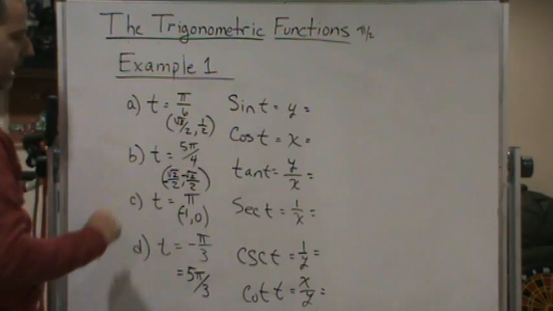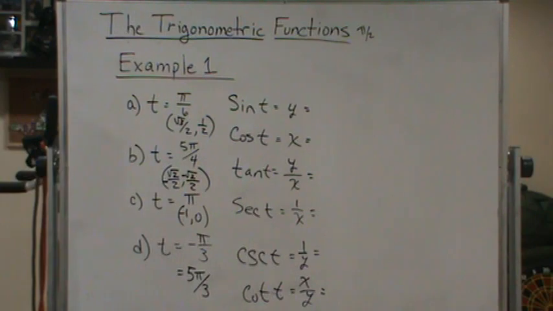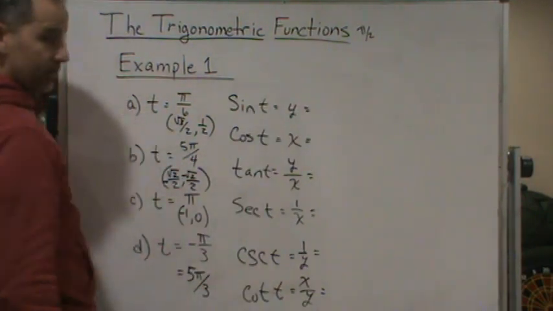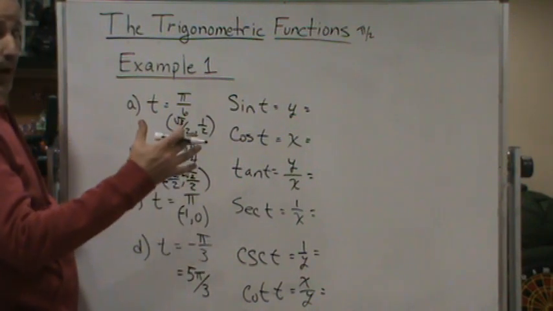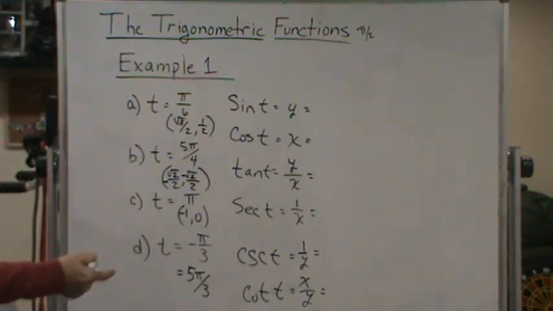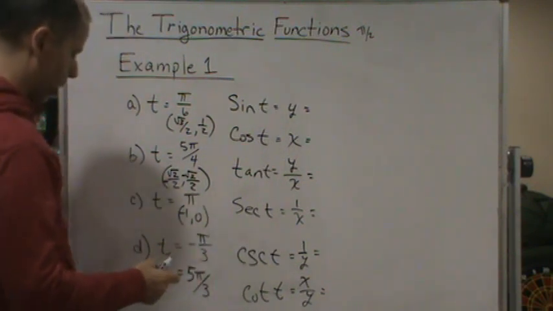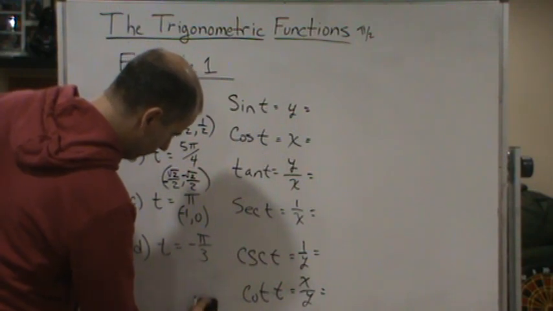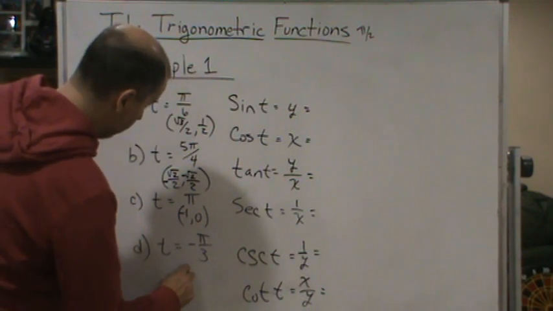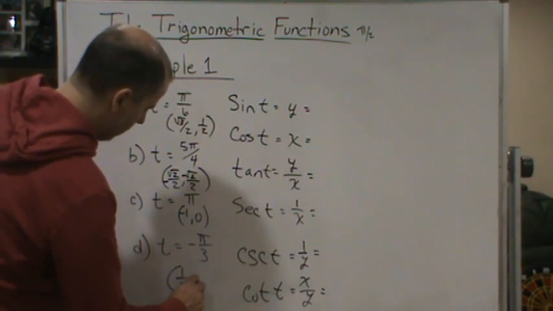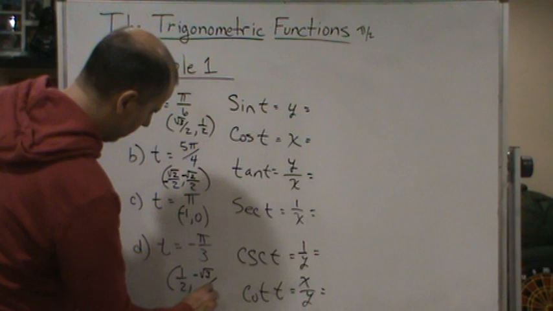So it's 1/2 comma square root of 3 over 2. But then you're flipping down across the x-axis, which means the y variable goes negative. So that means it'd be 1/2 comma negative square root of 3 over 2. Okay? So again, that's the other way of doing it. So here, let me write this down. So this is going to be equal to 1/2 comma negative square root of 3 over 2.